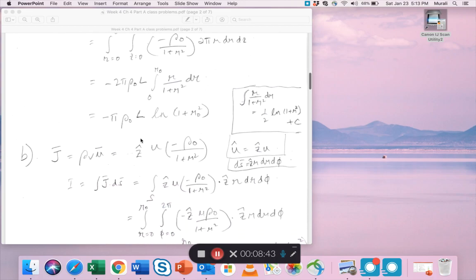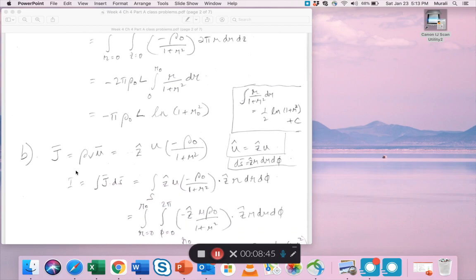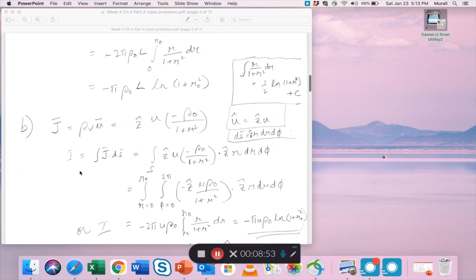Okay, so that was part A. Part B said find the current. To find that, we have to first find the current density J, which is rho v times the velocity vector, right?